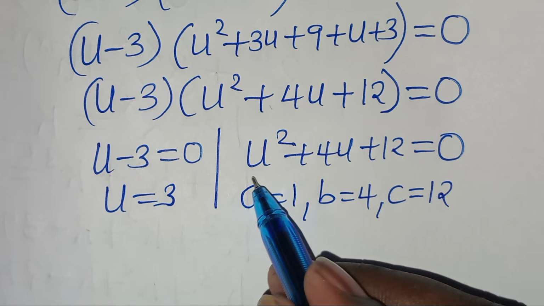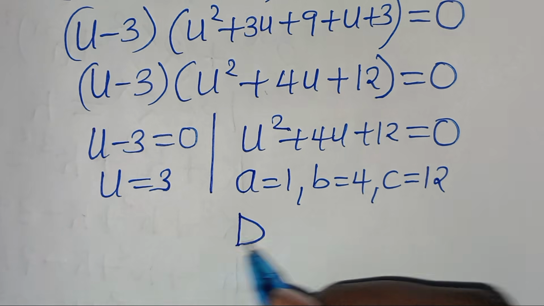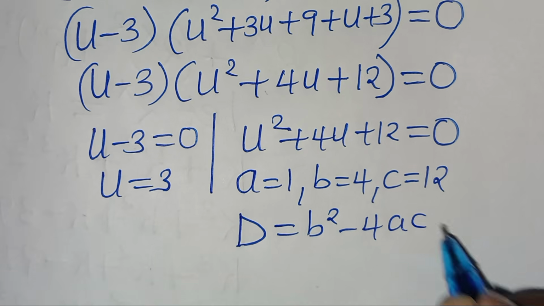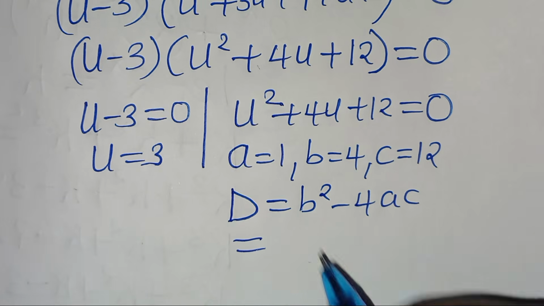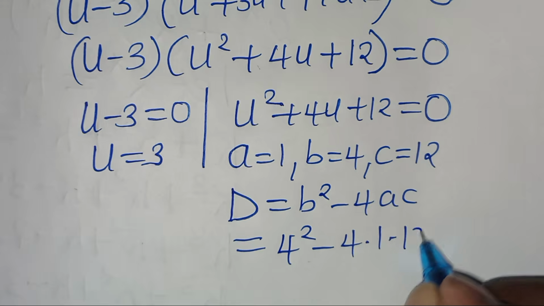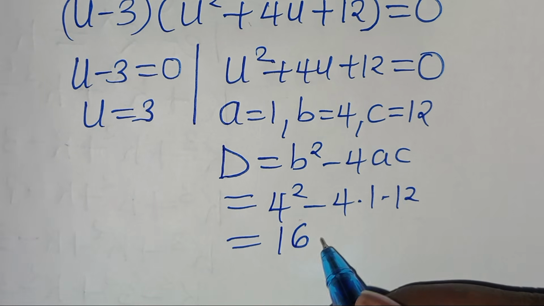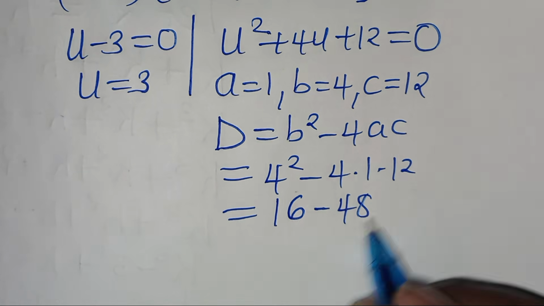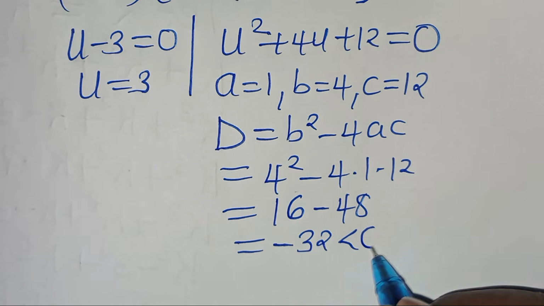Now, let's assess the nature of the roots of this quadratic equation by determining the discriminant value, which is b squared minus 4ac. Substituting a, b, and c into this formula, we have 4 squared minus 4 times 1 times 12. This means 4 squared is 16, minus 4 times 12, which is minus 48, and this gives us negative 32, which is less than 0.